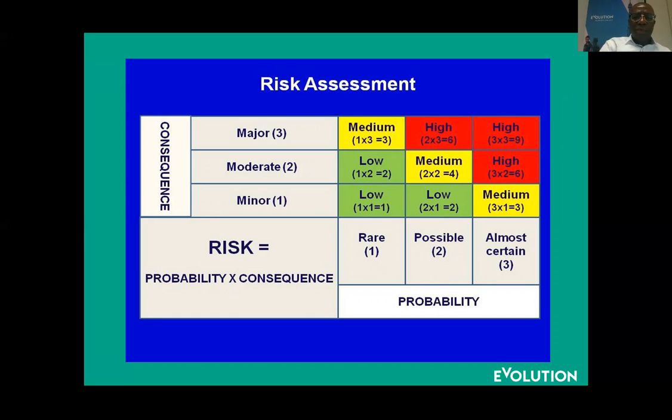Probability might be low, or the occurrence is rare, and if it does happen, it's medium. So with the risks that you identify, you're going to plot them on a graph. What is the likelihood of them occurring, and when they do occur, what is the impact, and what will be the consequences.